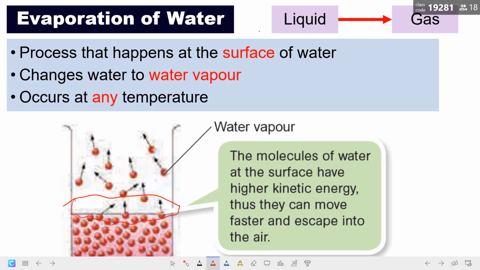So they are moving faster and they can escape into the air. So you look, these molecules of water, they're escaping into the air. So remember, evaporation only happens at the surface. The ones that you see in red, those are your keywords. And then water changing to water vapor.